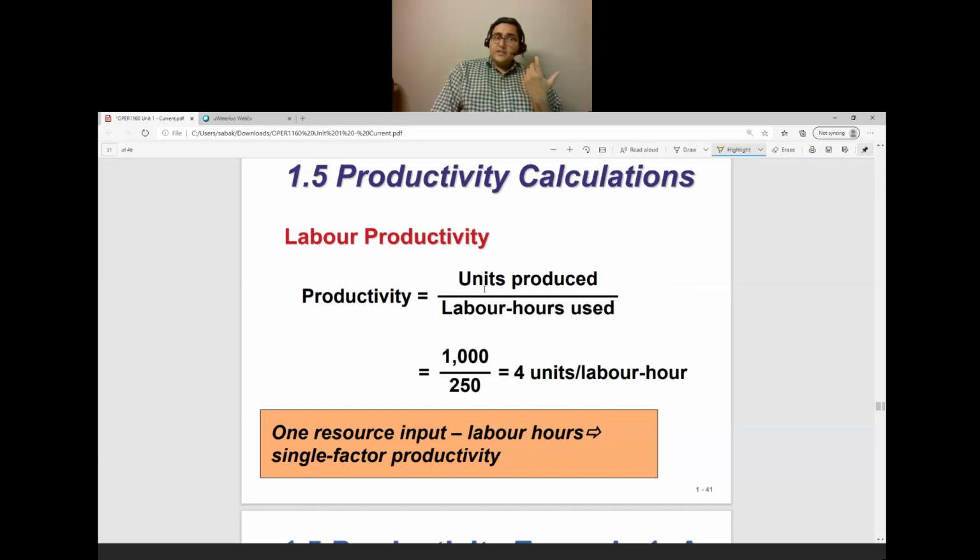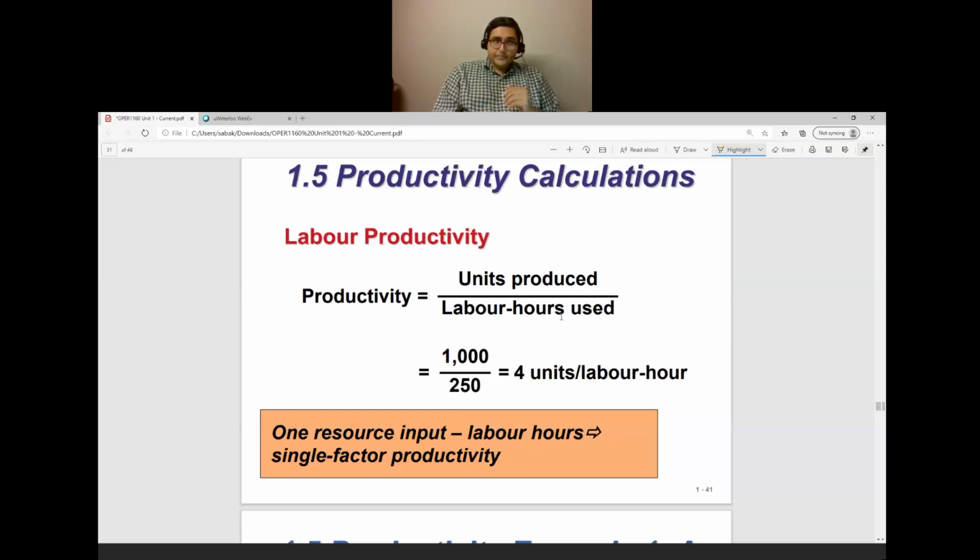Now, let's take some examples here. We will do more examples in our lecture. Say I produce 1,000 computers each hour, and for producing the 1,000 computers, I am using 250 people for doing the work.